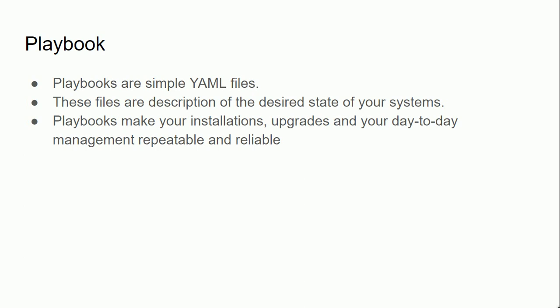Playbooks are simple. If you want to set up Google Chrome on every Windows machine, you can simply create a playbook for Google Chrome on Windows machines. If I need to create a LAMP stack on each machine, then I just need to write a LAMP stack playbook and target it to all the machines I need.